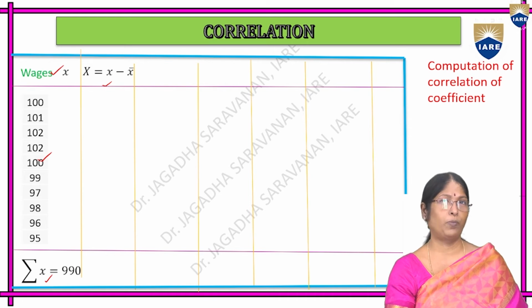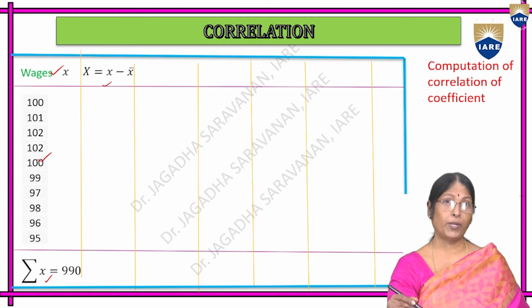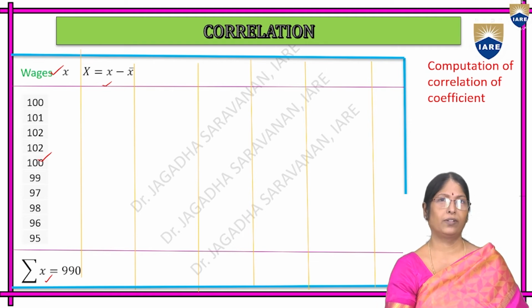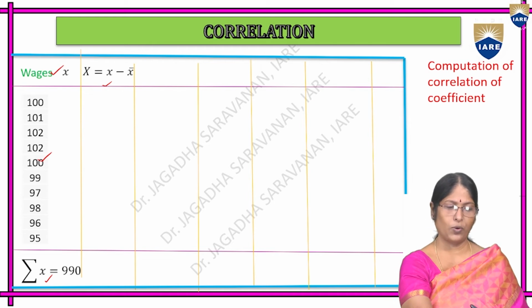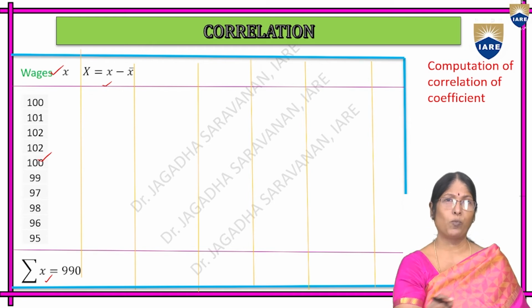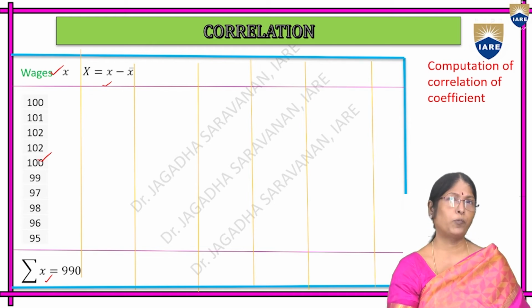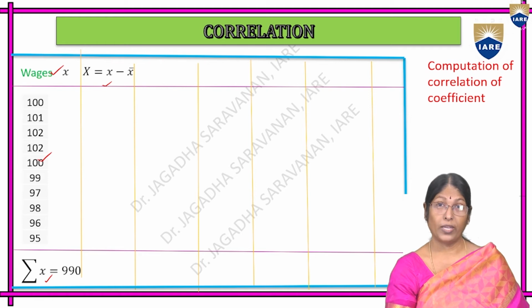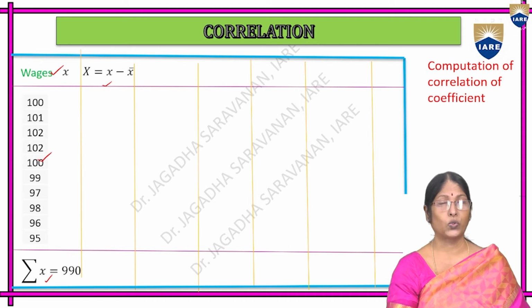Because in the previous problem we discussed, this capital X part was not there. Why in this problem do we have to use this method? Because the values are large and the processing is time-consuming. In such situations, we can go for the mean, the average. Then we can solve easily.